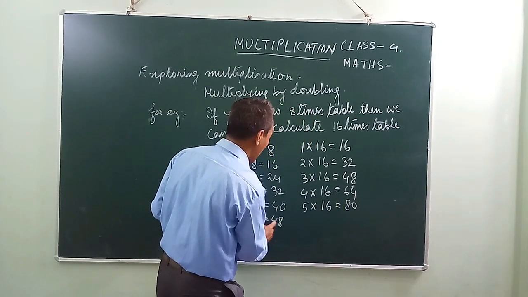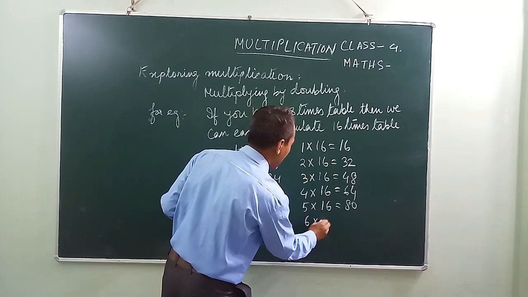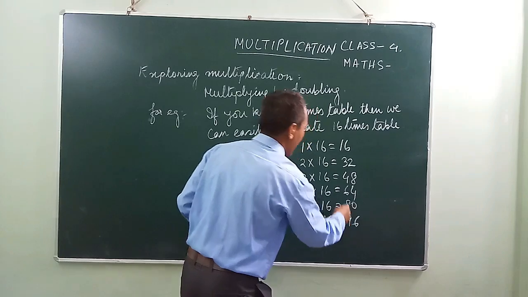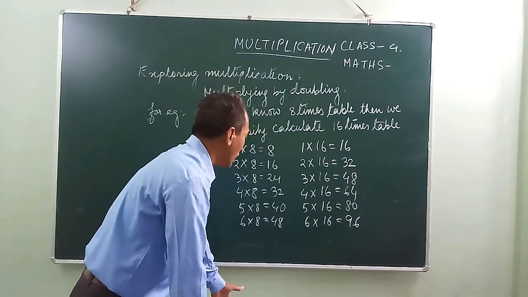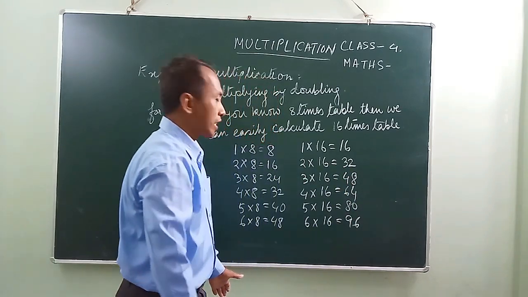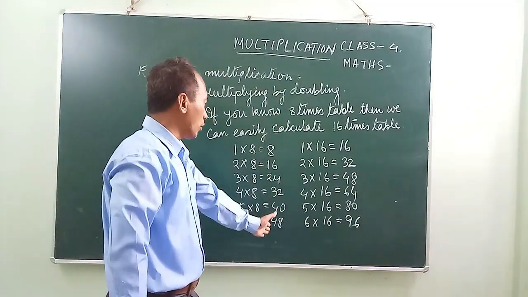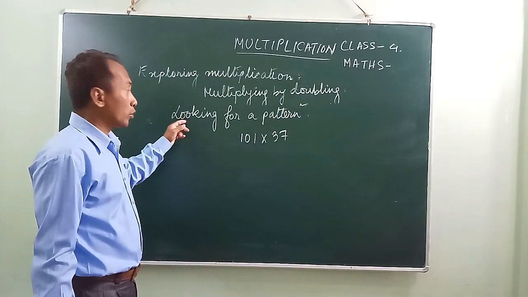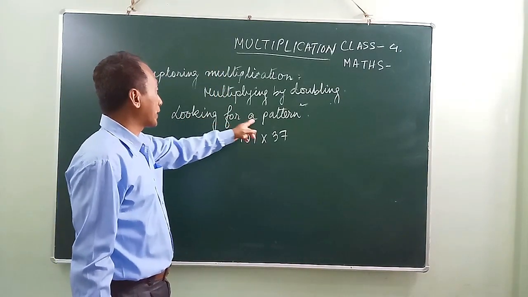Similarly, 6 into 8 is 48, so 6 into 16 is double of 48, which is 96. Similarly, we can calculate all the table of 8, and then we can understand the table of 16: the product will be double of 8.